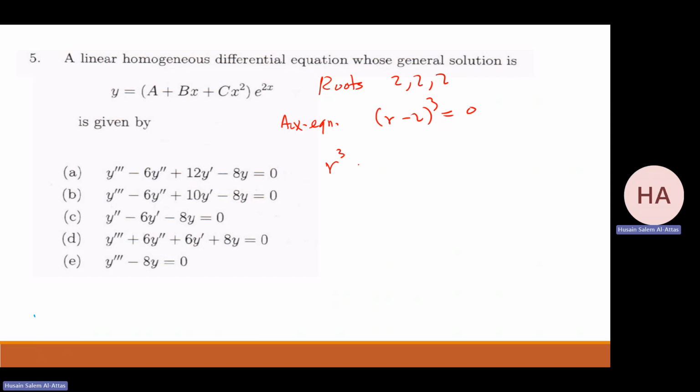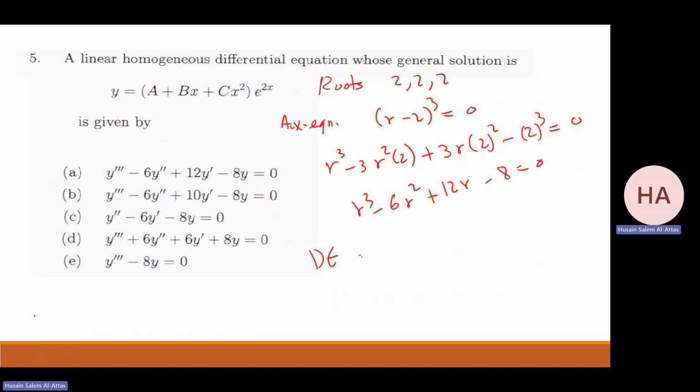That will be r cubed minus 3 r squared times 2 plus 3 r times 2 squared minus 2 cubed equals 0. So I have r cubed minus 6r squared plus 12r minus 8 equals 0. So the differential equation: y triple prime minus 6y double prime plus 12y prime minus 8y equals 0.